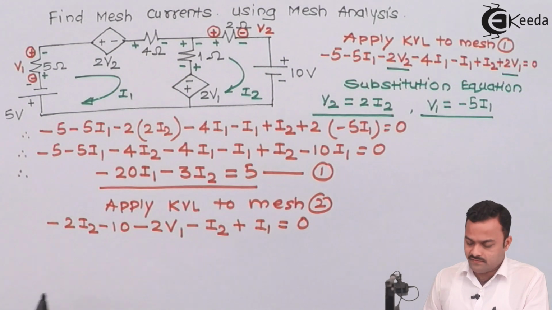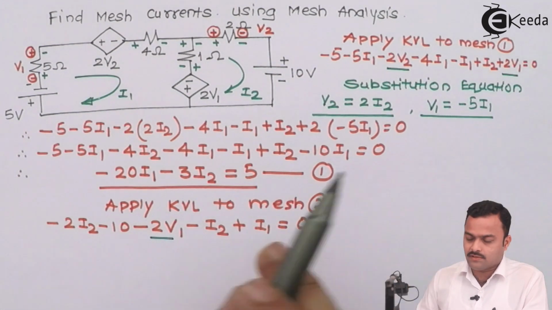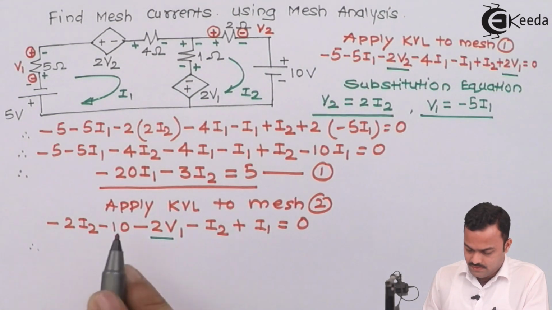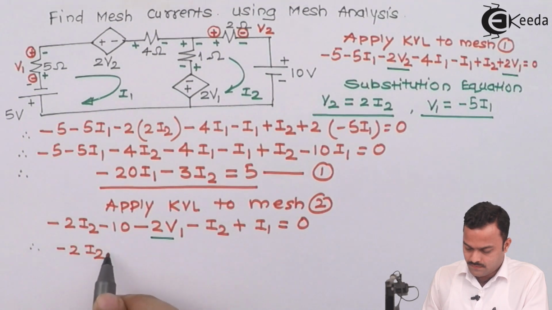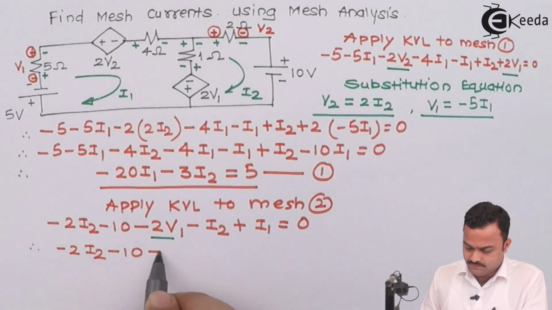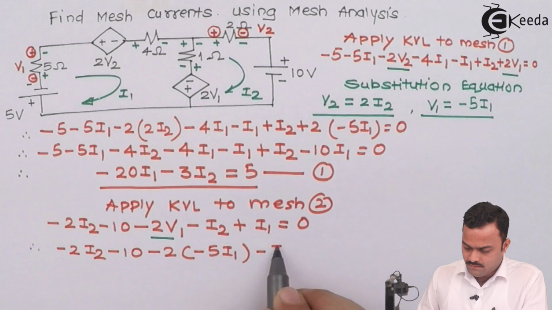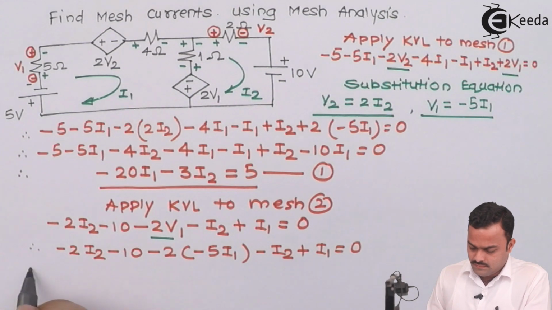It is having an extra variable V1, and we know V1 is nothing but minus 5 I1. Let's substitute. So what we'll get: minus 2 I2, minus 10, minus 2 into minus 5 I1, minus I2, plus I1, equal to 0.